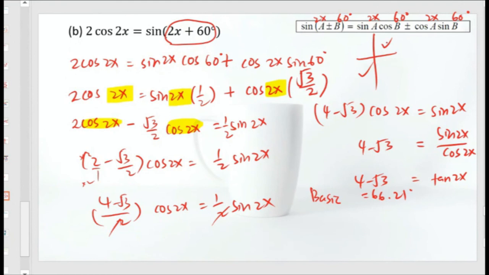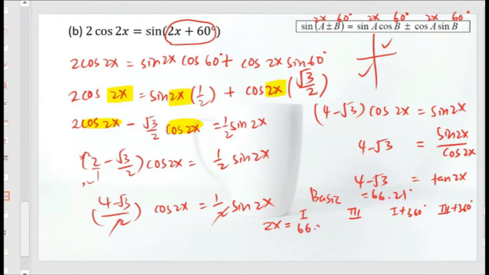So you will have first, third, then plus 360 again. So it means that your answers for 2x will have 4 values: the first quadrant, third quadrant, and the first plus 360, and the third plus 360 degree. You will have 4 angles.